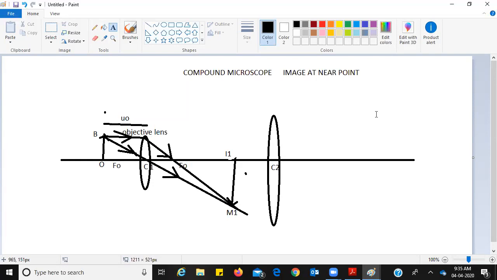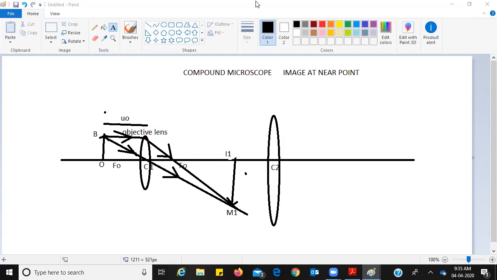No, that will give you an image at infinity. So I think you have to put the lens between C1 and FO.